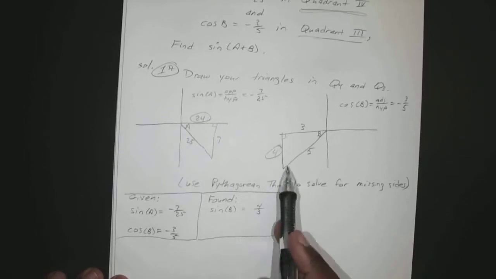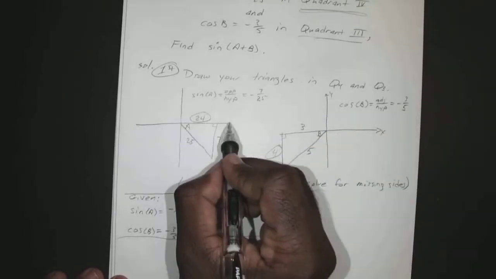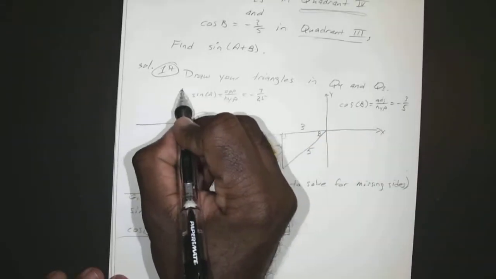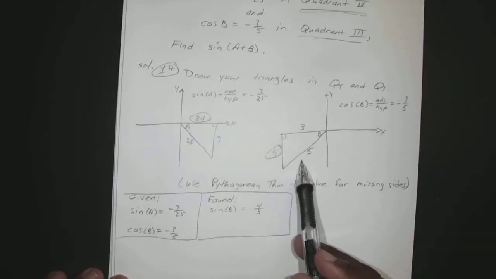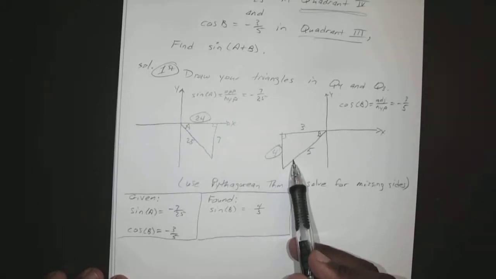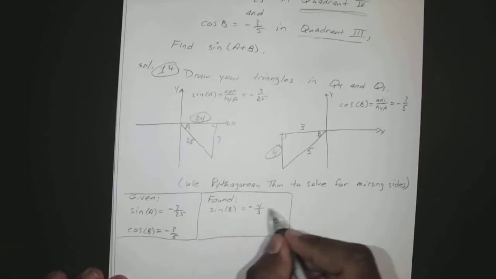But remember, this is your X and Y here. Sine is your Y value. And in quadrant 3, your Y is negative. So this is actually going to be negative.